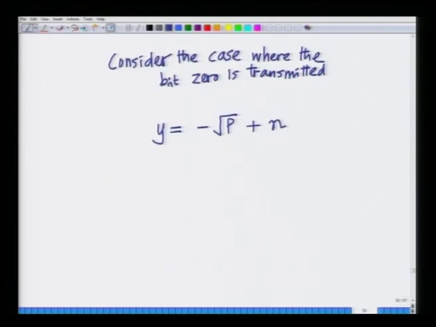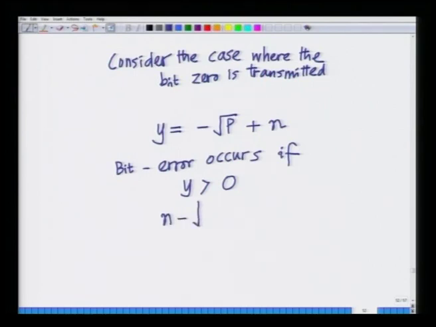Alright. Now, a bit error occurs if the level received is greater than 0, because then it will be decoded as a 1. So, a bit error occurs if y is greater than 0, corresponding to a transmission of minus square root of p, which means n minus square root of p is greater than 0, which means n is greater than square root of p.